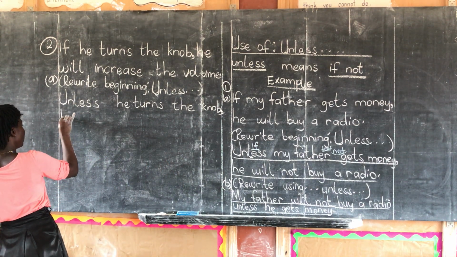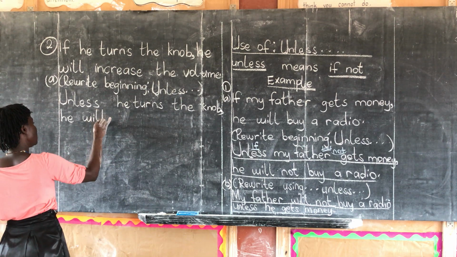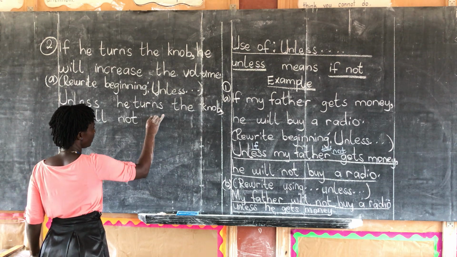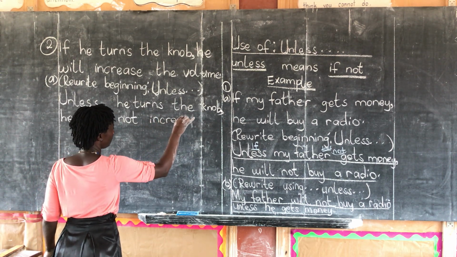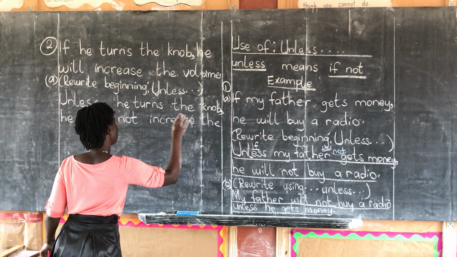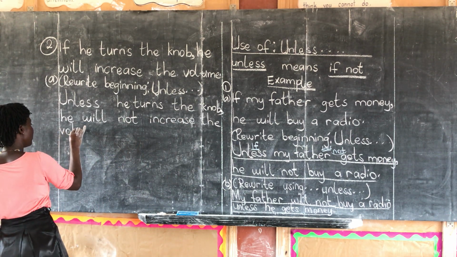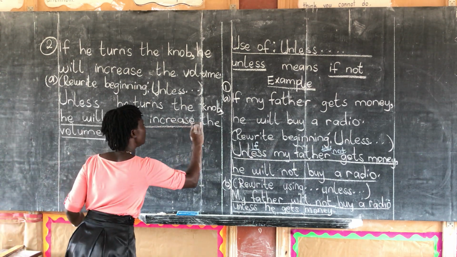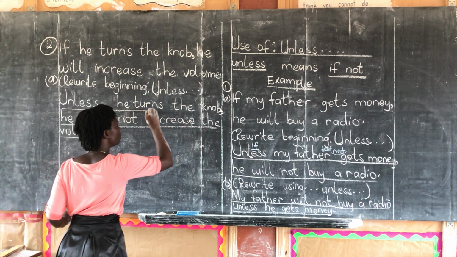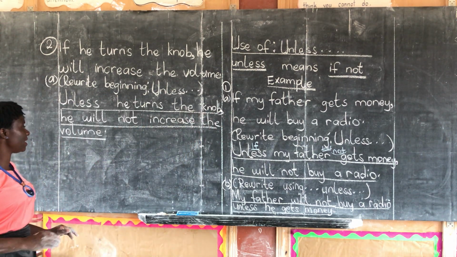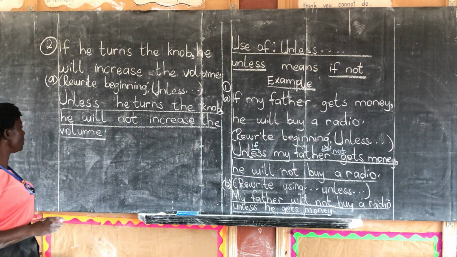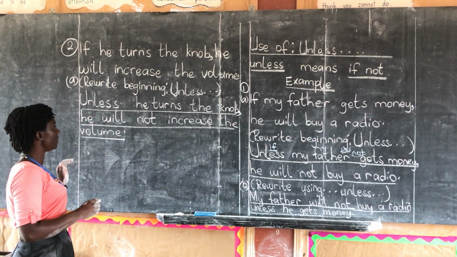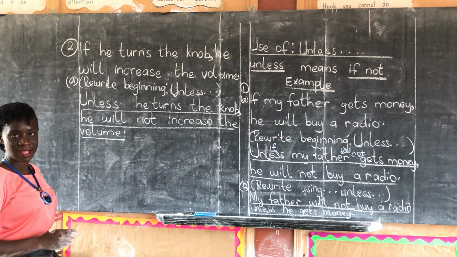Unless he turns the knob, he will not increase the volume. What if the question had asked us to rewrite using unless in the middle? What would our answer be? It would be, he will not increase the volume unless he turns the knob.